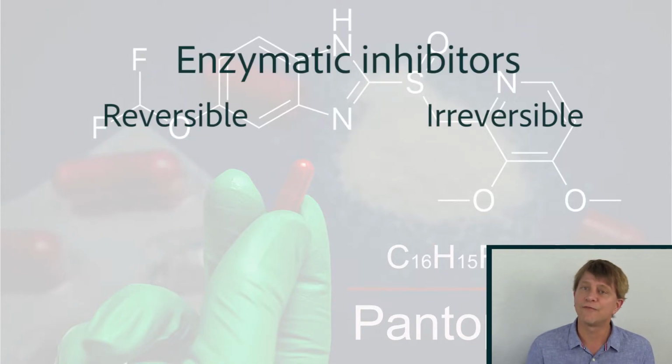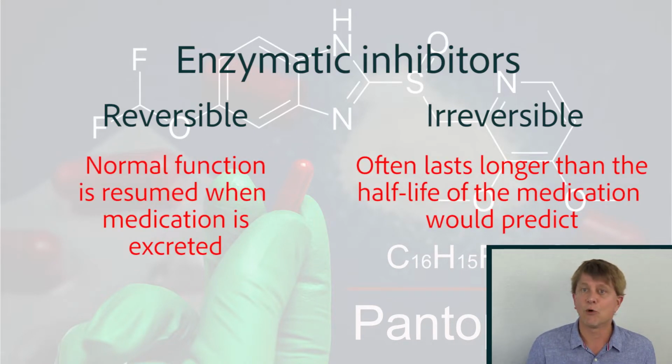After that pharmacokinetics review, we investigated a little bit more about pharmacodynamics. Pharmacodynamics is basically the mechanisms by which drugs act. And we were taking a look at the enzymatic inhibitors. We said that the main thing to put in our mind is to try to figure out whether the enzymatic inhibitor was a reversible inhibitor or an irreversible inhibitor.